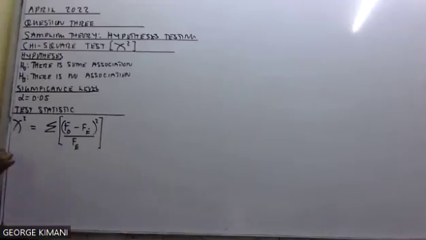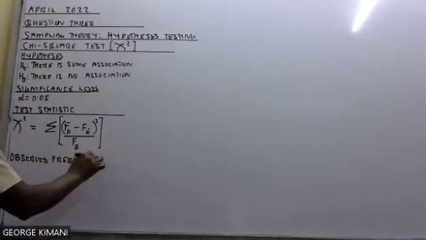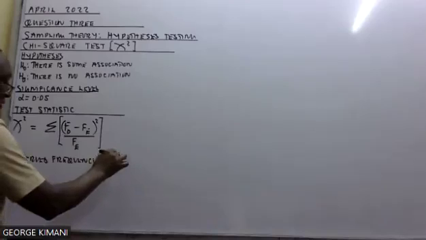And from there now you prepare the table of observed frequencies. You start with observed frequencies. That is the F naught.